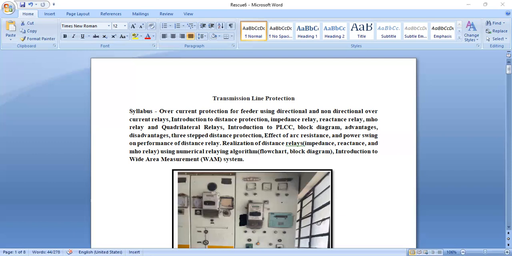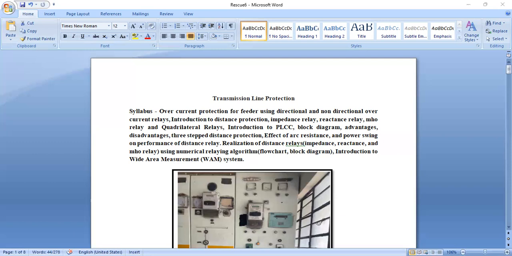Feeder lines and transmission lines are of much bigger length, hundreds of kilometers, and these are exposed to the atmosphere, so there are chances of faults occurring due to wind, storms, ice, flashover, lightning, falling trees, objects, birds, dirt, and dust. And this type of fault may be short circuit, open circuit, and earth fault, lightning, etc. So such types of faults occur in the system.